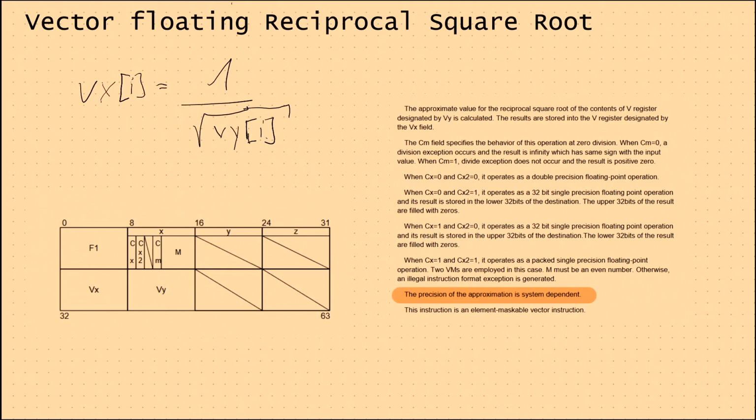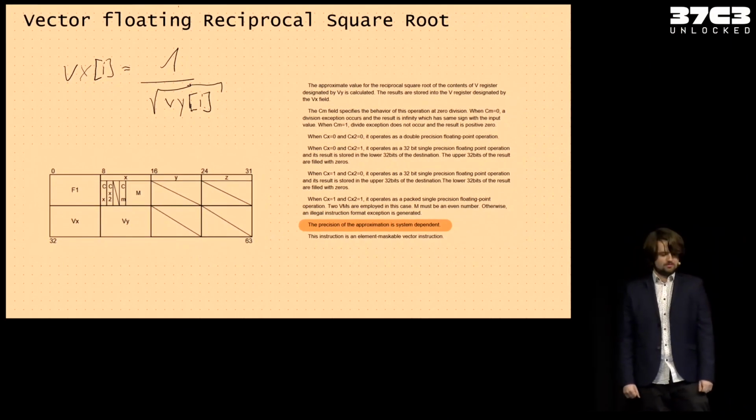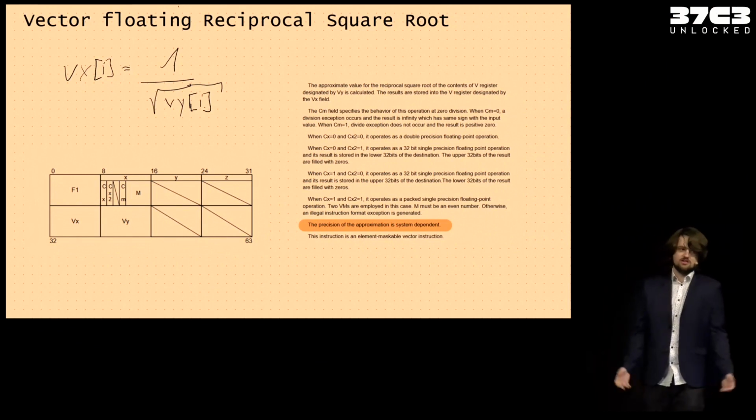Why also produce a 1 over square root? Well, we only have one unit which can do division and square roots, and if we just produce 1 over square root, we can just use the normal multiply unit, and that way we save cycles on the fancy FPU unit. What is kind of unsatisfying about this documentation is the precision of this approximation is system dependent.